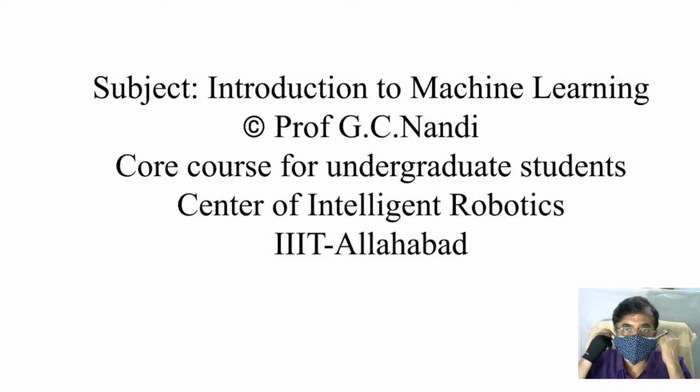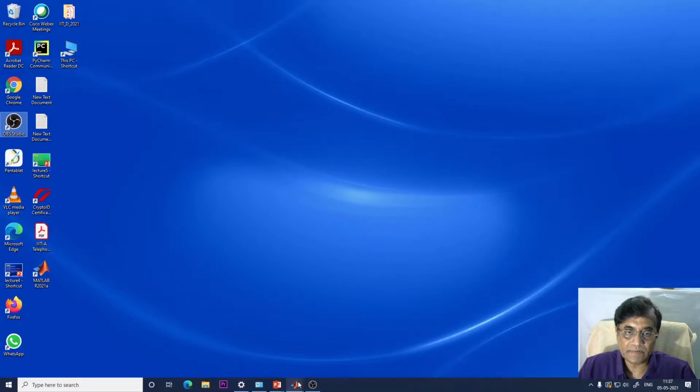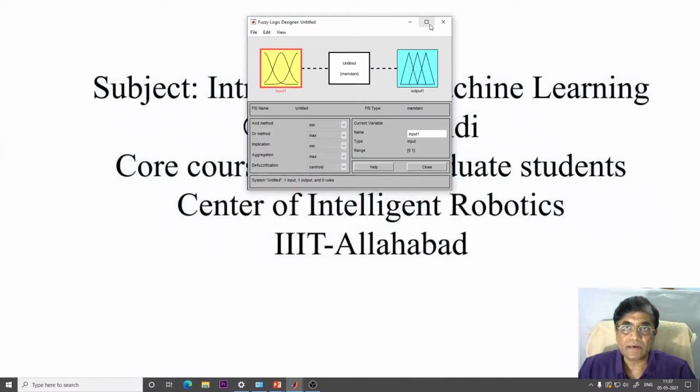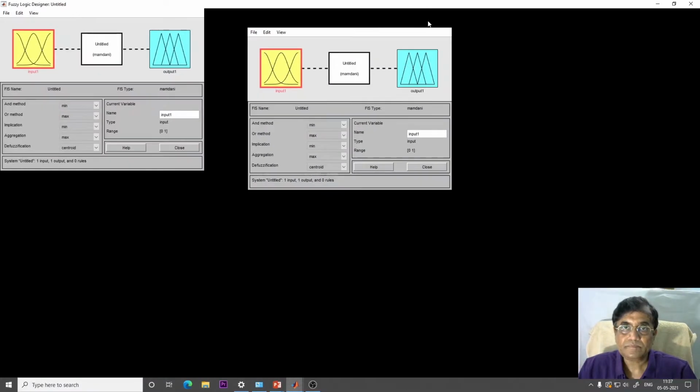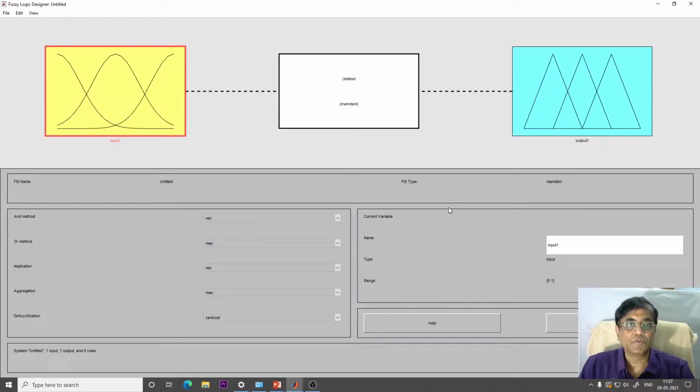Now let us discuss a very important topic: fuzzy inference system design. So you see, this is called the fuzzy logic expert system cell.